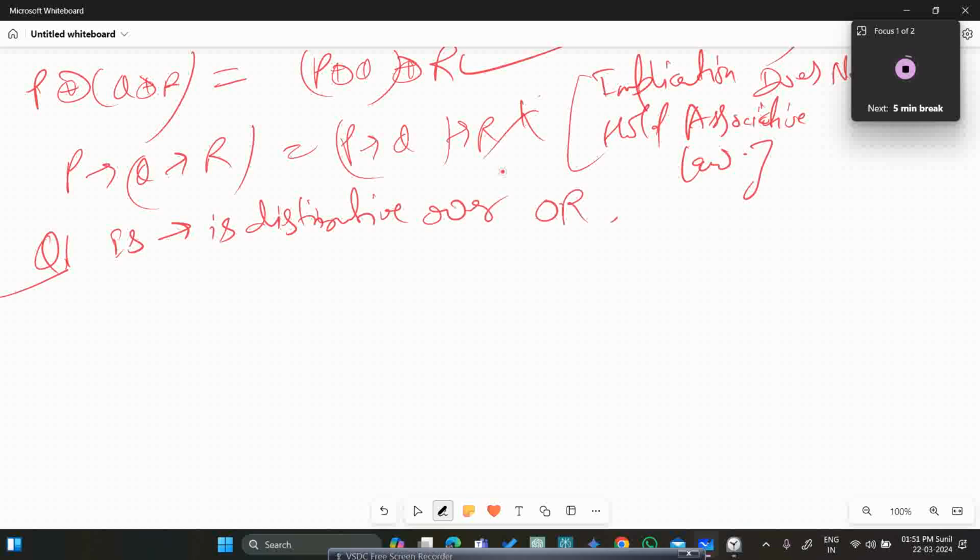Is P implies Q or R equivalent to P implies Q or P implies R?